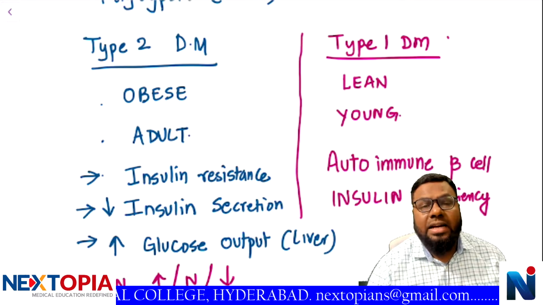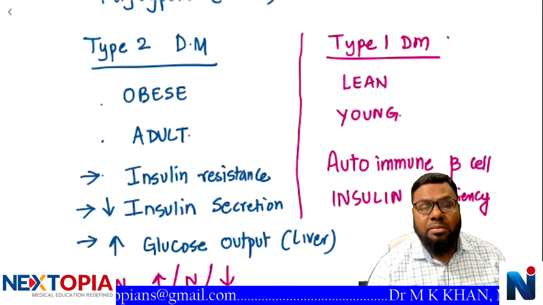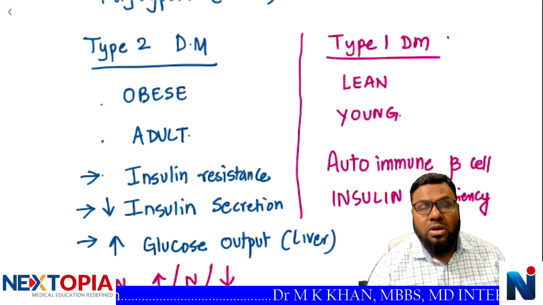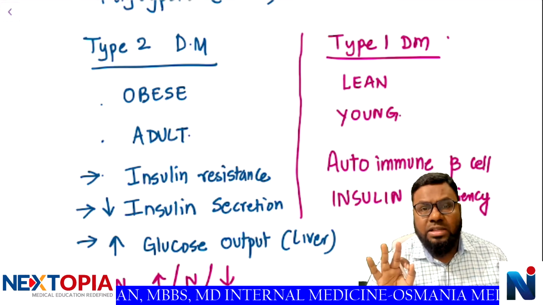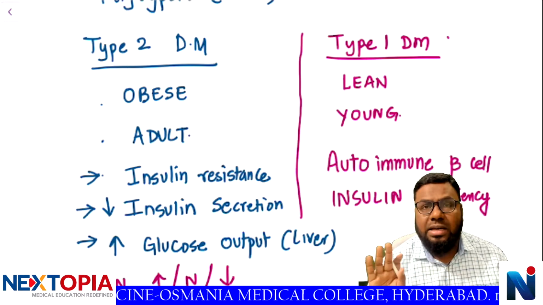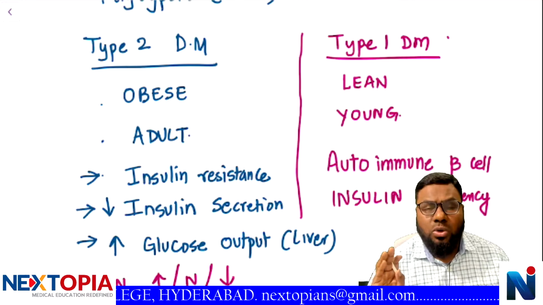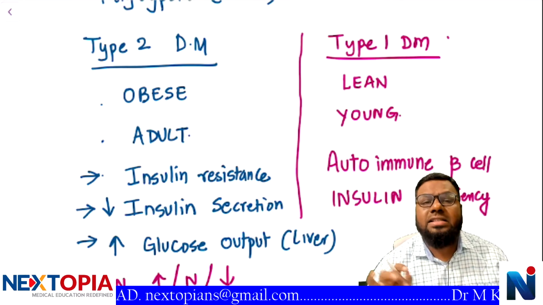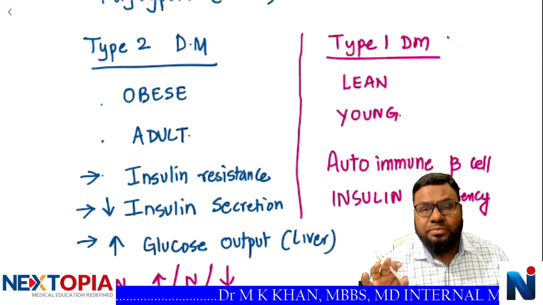There are 3 target tissues of insulin. Please remember: liver, the skeletal muscle, and the adipose tissue. If insulin is absent, glucose cannot enter these 3 areas. The glucose, amino acids, fatty acids, all the insulin metabolism fails.